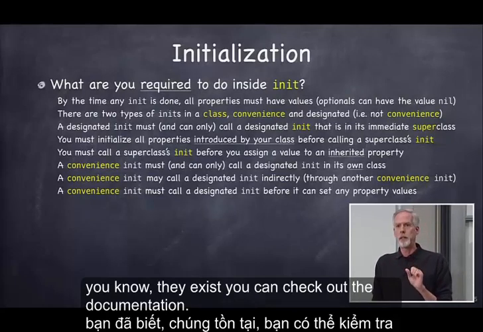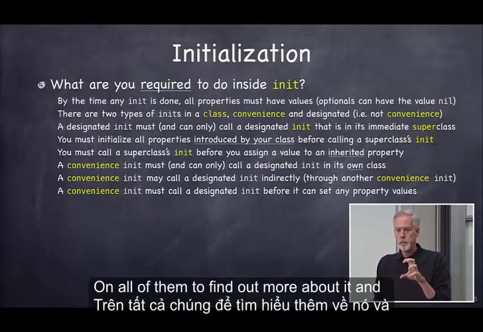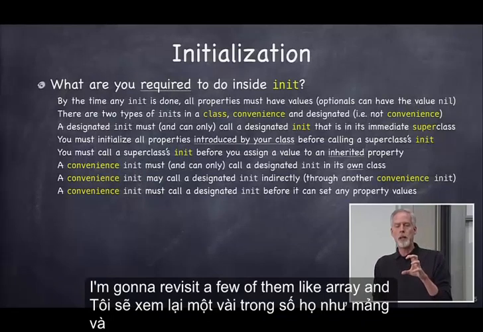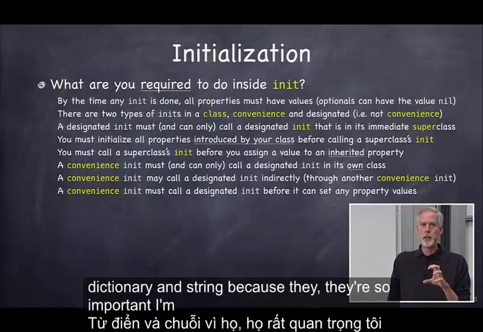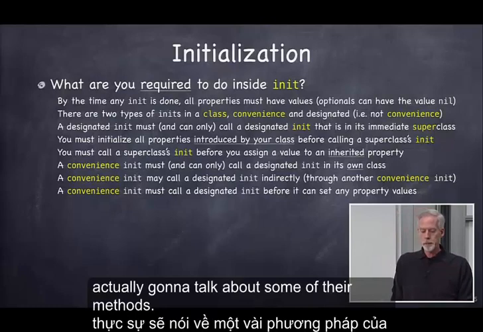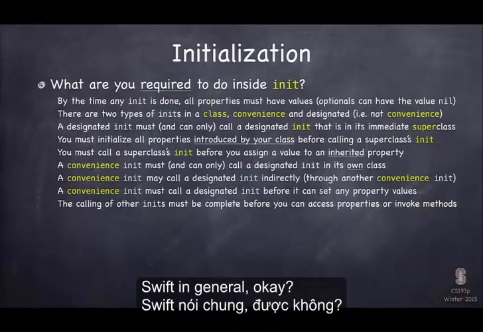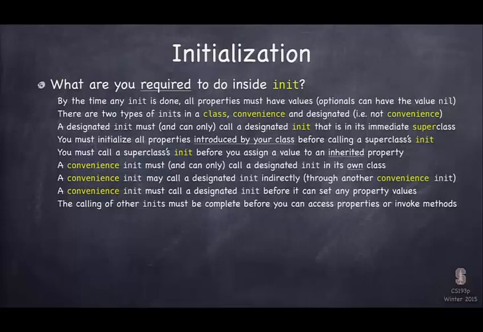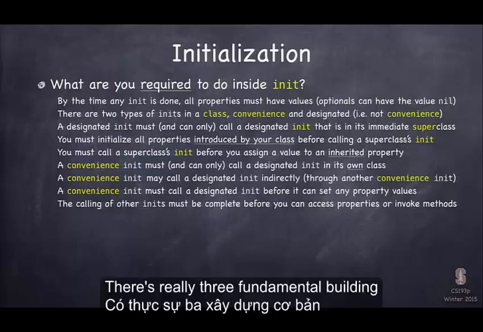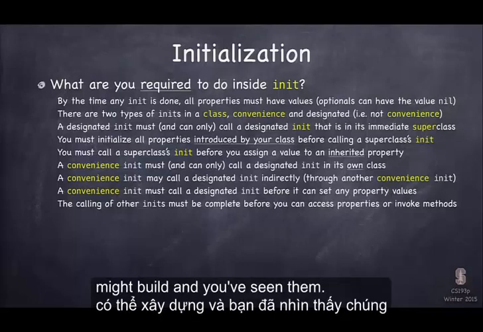A convenience initializer must call that designated initializer directly or indirectly before it can touch any values, obviously. You have to get your object primarily initialized before you can have the convenience initializer start hacking at properties. The calling of other inits, whether you're a convenience initializer calling your designated one, or whether you're designated calling up to your super's designated one, has to be complete before you can start accessing your properties and methods.